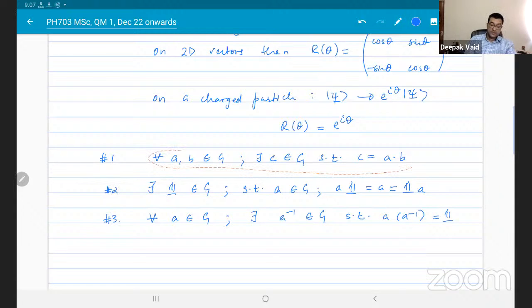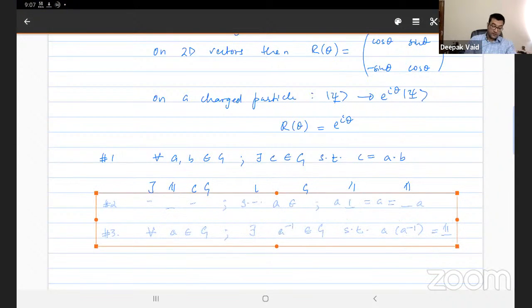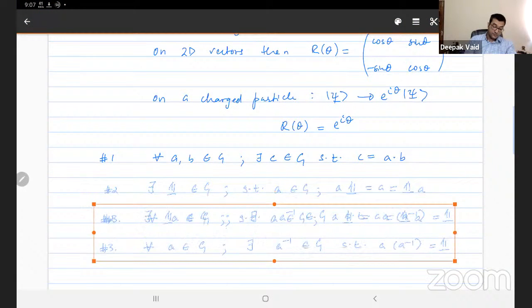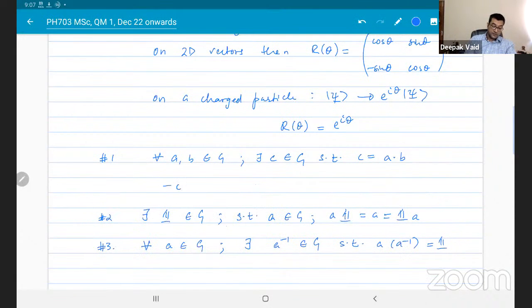The first one says that the group is closed under multiplication, so I will call this closure under multiplication.